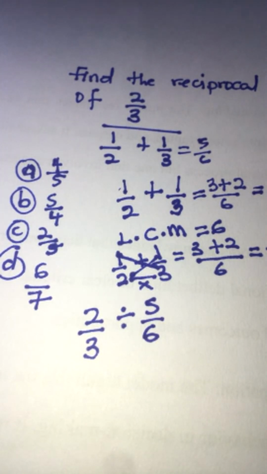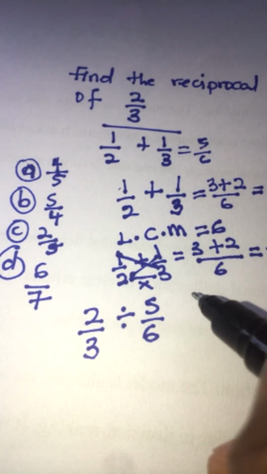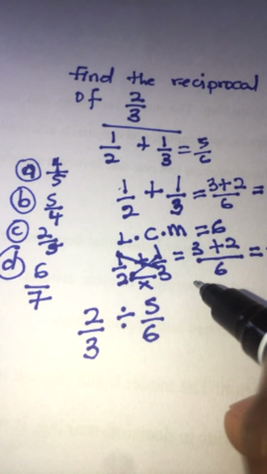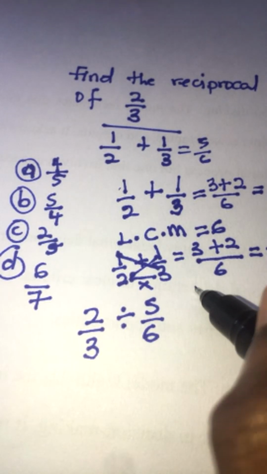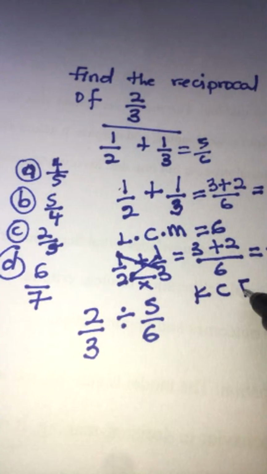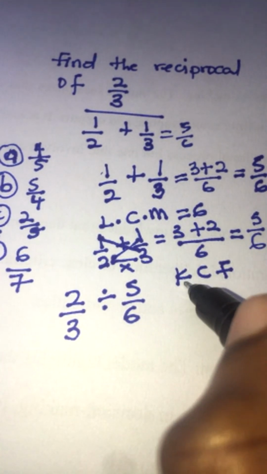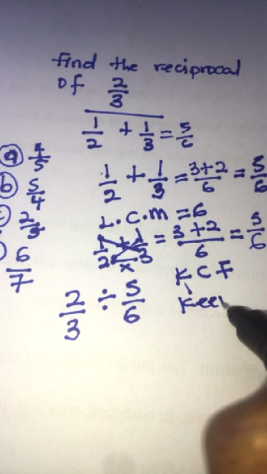What do we do next? The next thing we do when we are dividing two fractions, we use what we call the KCF factor, where the K stands for keep.